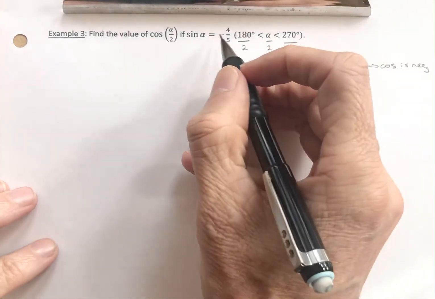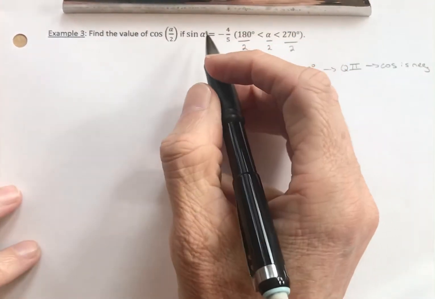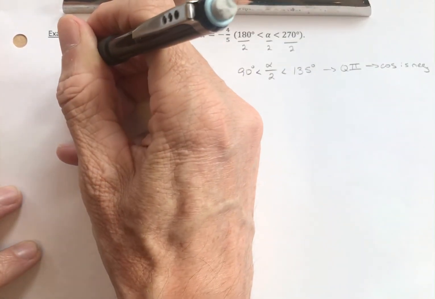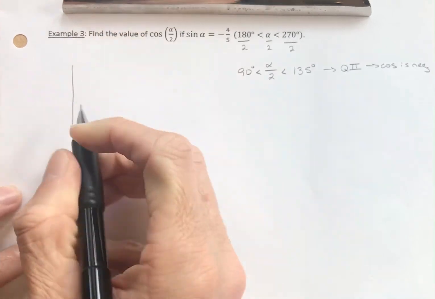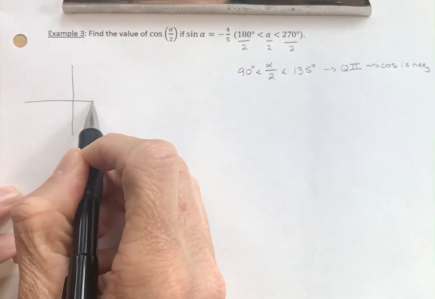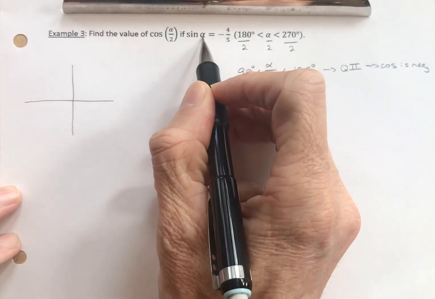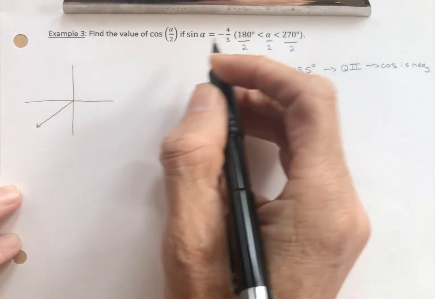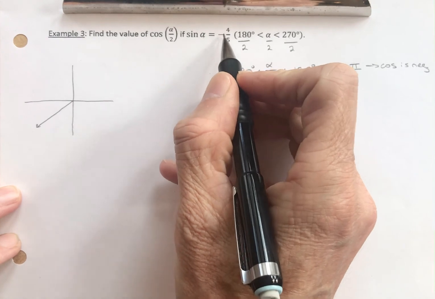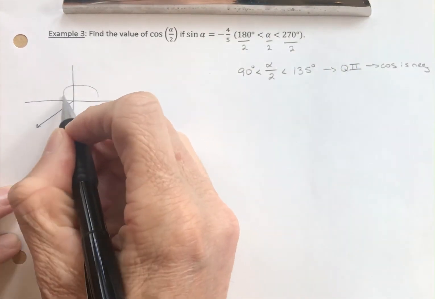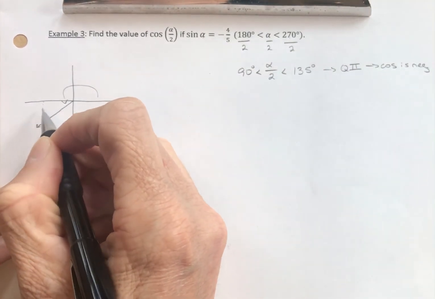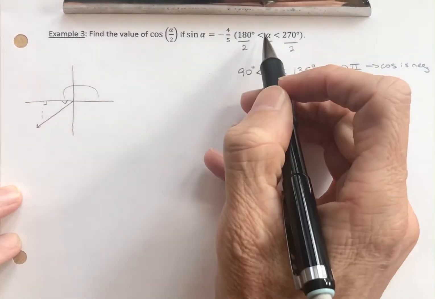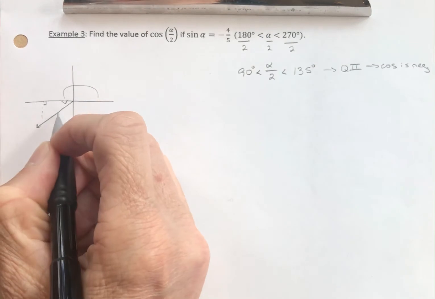So now let's take a look at what this tells us. We've got to come up with some cosine information here. I know that alpha, the angle given here, is in the 3rd quadrant. It's somewhere over here. I'll draw that out. Here is my 3rd quadrant, here is my right angle, so here's my right triangle. I know that the hypotenuse is 5.